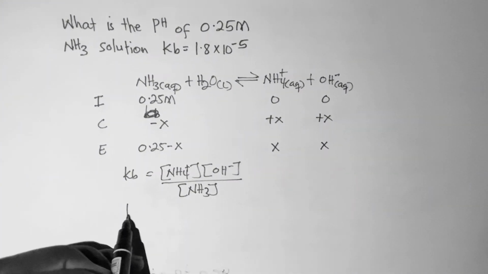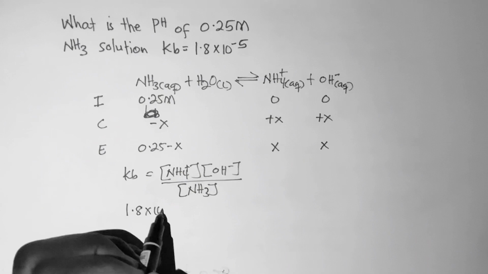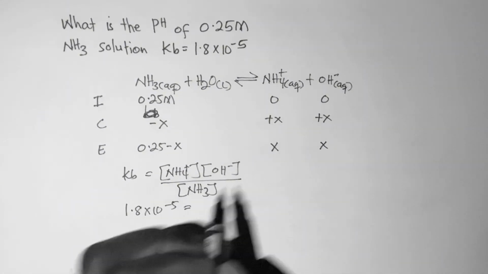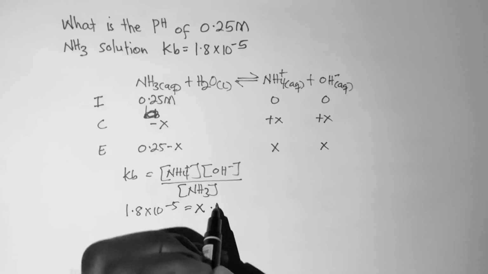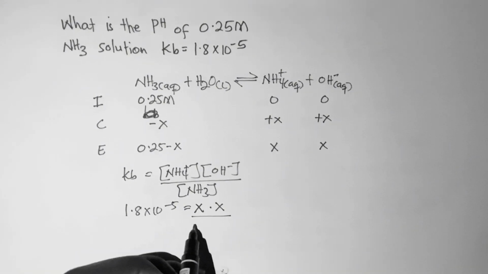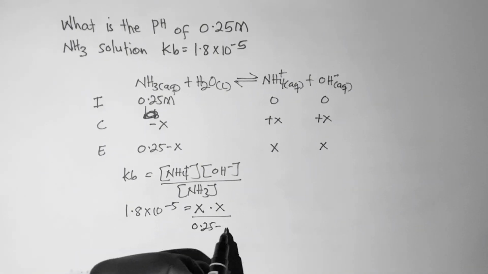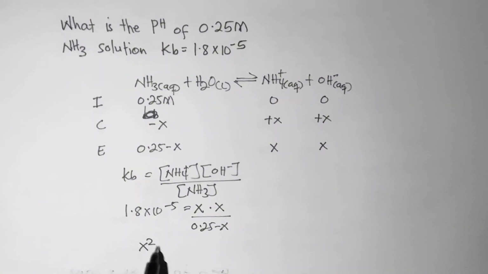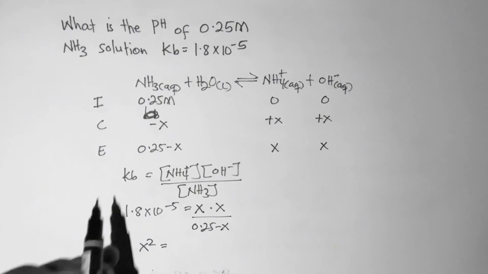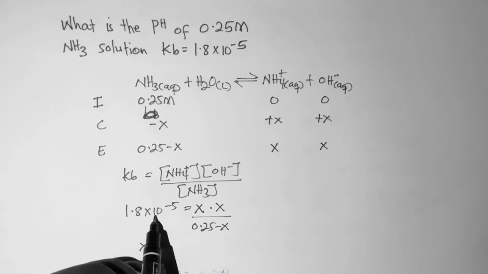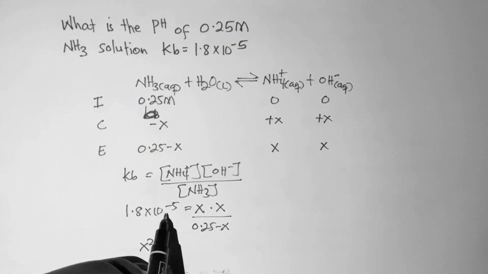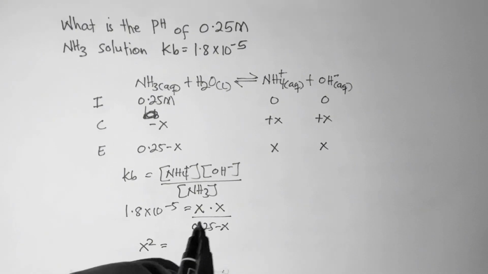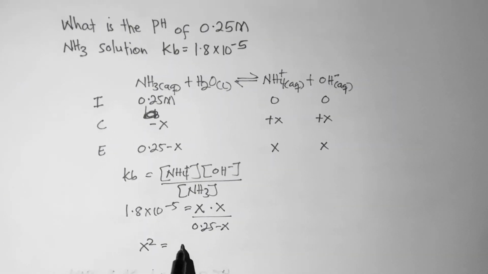So the Kb is given as 1.8 times 10 exponent minus 5. And this is equal to ammonium ions is X times X divided by ammonia, which is 0.25 minus X. Remember that this is 1.8 times 10 exponent minus 5, so it is times 10 exponent minus 5 or less, and therefore we need to do the approximation in this case.